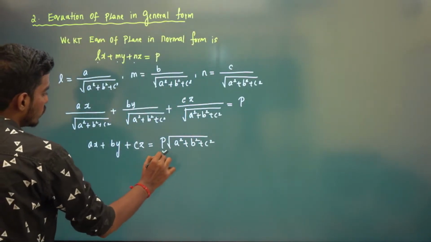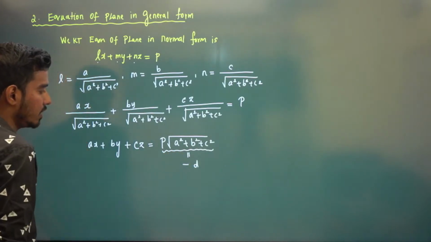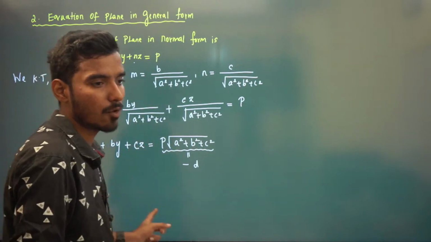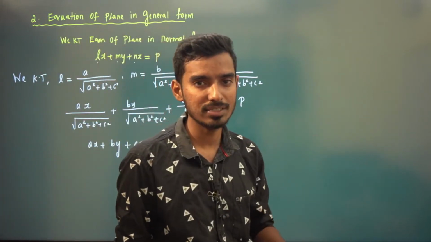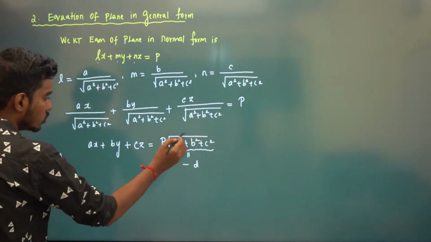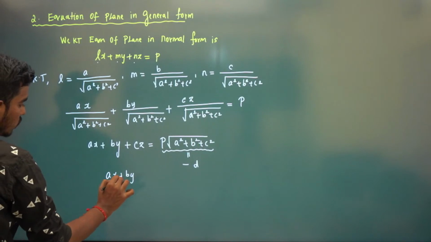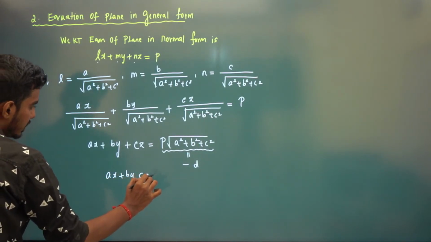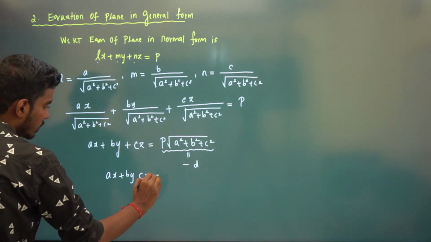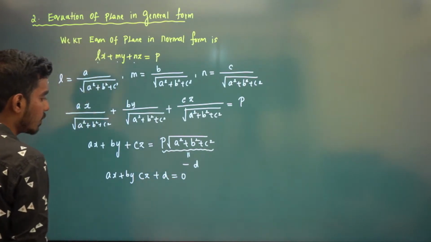Let us assume this to be minus D, because if I bring this to this side, we will have plus D. Instead of assuming plus D, we will assume this to be minus D. So if I assume this value to be minus D, we will have AX plus BY plus CZ plus D is equal to 0, which is the equation of plane in normal form.